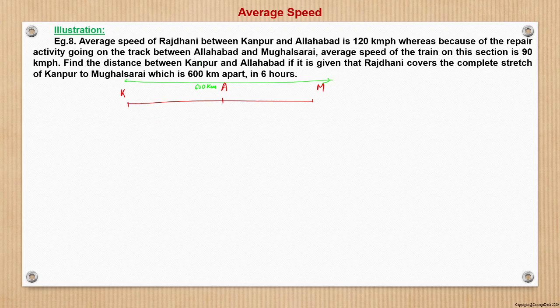Kanpur to Allahabad, the average speed is 120 kilometer per hour. And because of the repair work going on between Allahabad and Mughalsarai, the average speed on this track is 90 kilometer per hour, right?